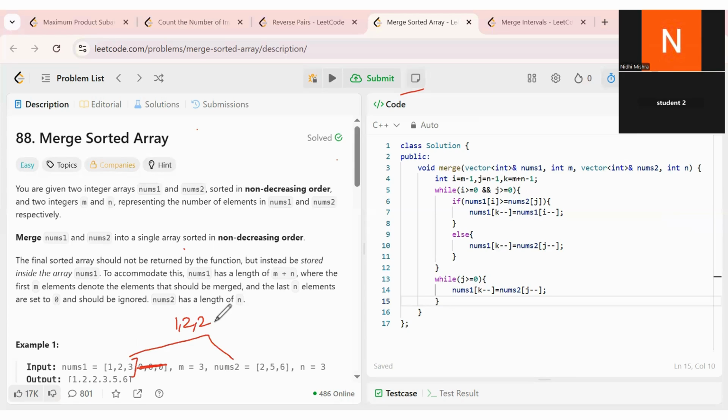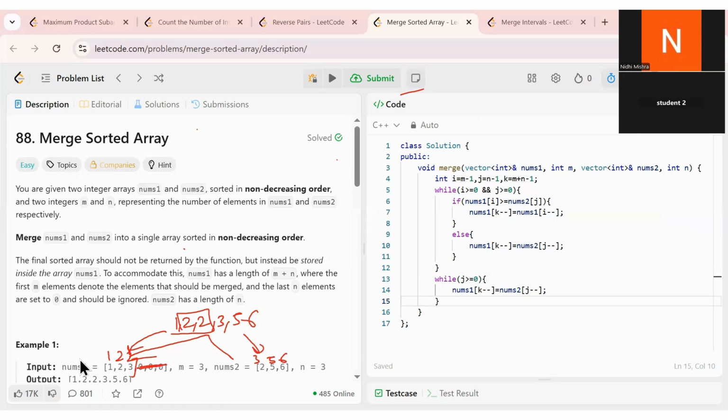It will be 1, 2, 2 and 3, 5, 6, and the answer I'm writing here and here. Got the thing? Clear, right?